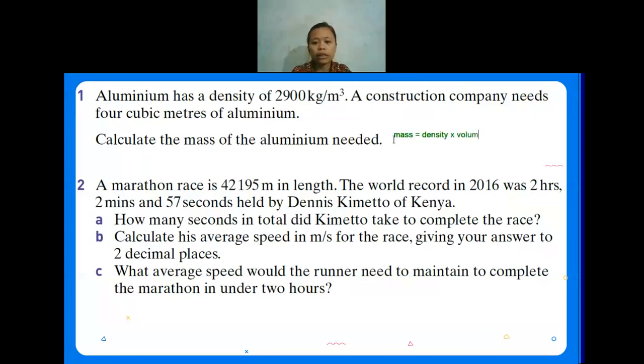So the density is 2,900, and we multiply it by 4. How many will it be? You can use a calculator. 11,600. Yeah. Is it like this? What is the unit?